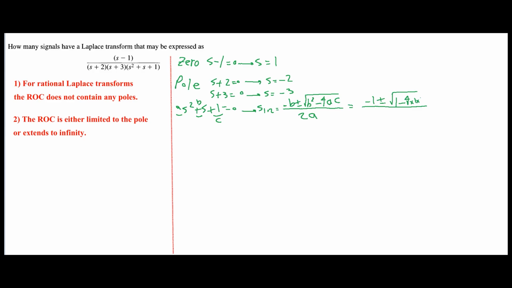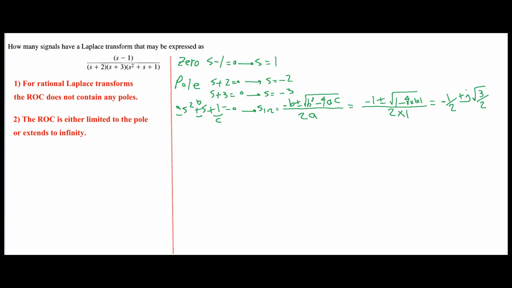We should also remember that when the roots are complex, they must appear as complex conjugate pairs. That means we cannot have only minus 1/2 plus j times the square root of 3 divided by 2. We must also have minus 1/2 minus j times the square root of 3 divided by 2.